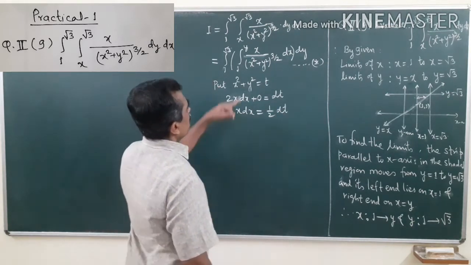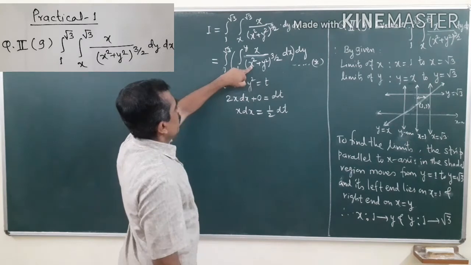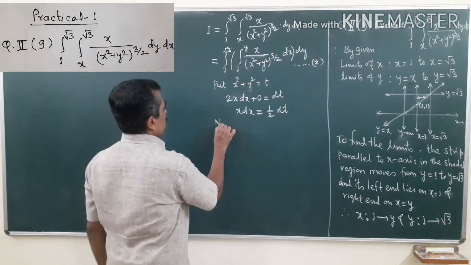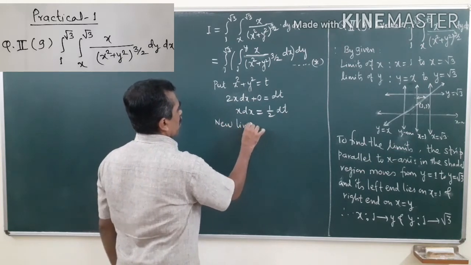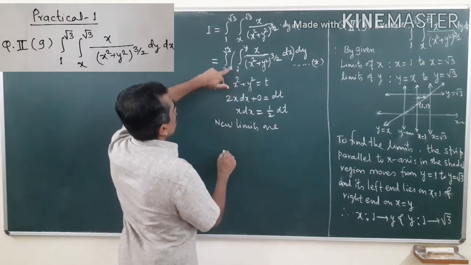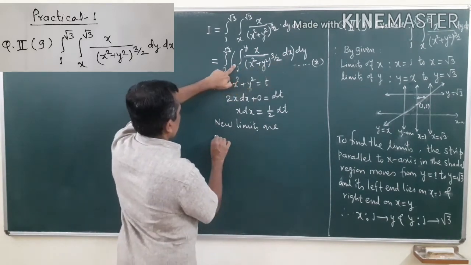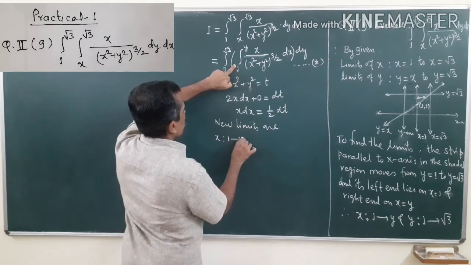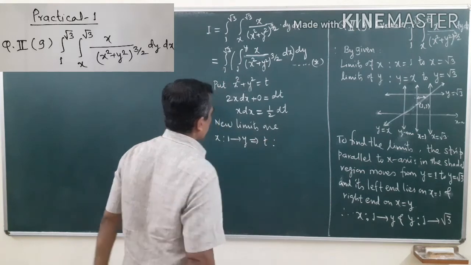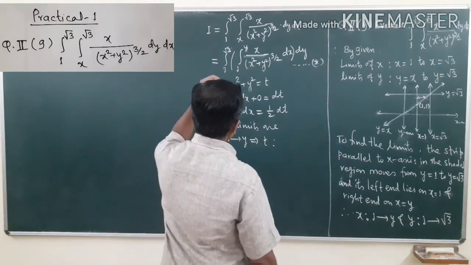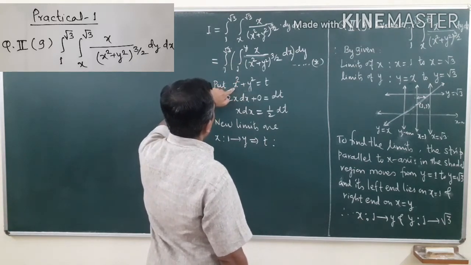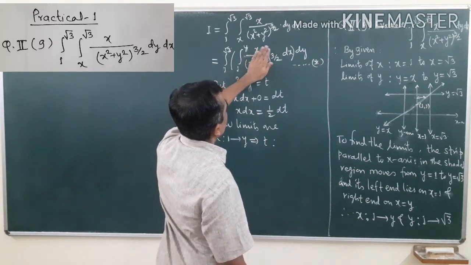Now what are the new limits? The limits of x are 1 to y, which implies t runs from... put x equal to 1 here. We treat y as constant, so the variable is x.